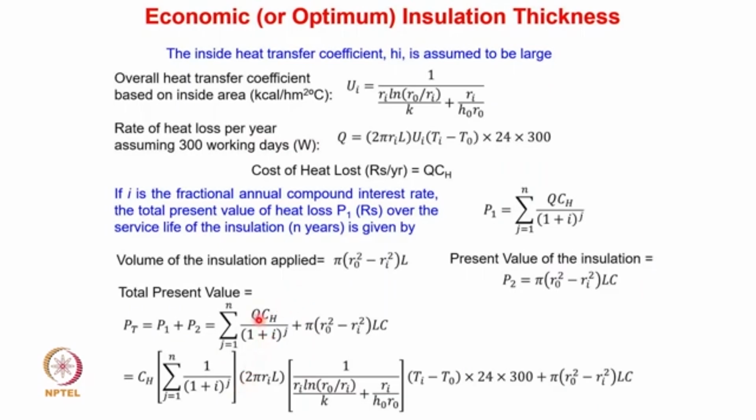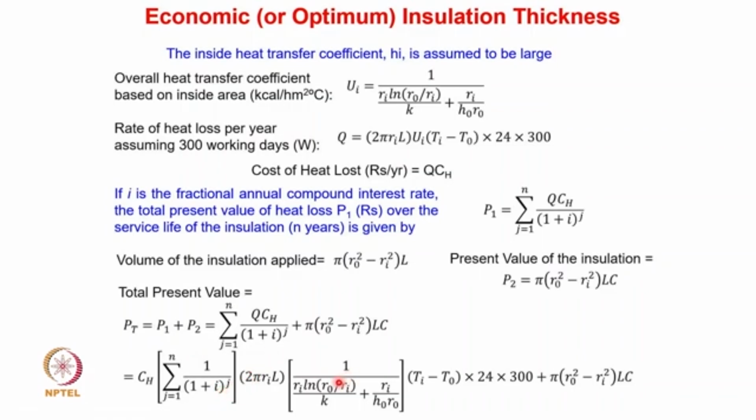Now here the Q we can replace by this particular equation, where U we can again replace by the original equation here. So with that, the total present value Pt is given as Ch in the bracket, summation j equals 1 to n of 1 upon (1 plus i) raised to the power j.